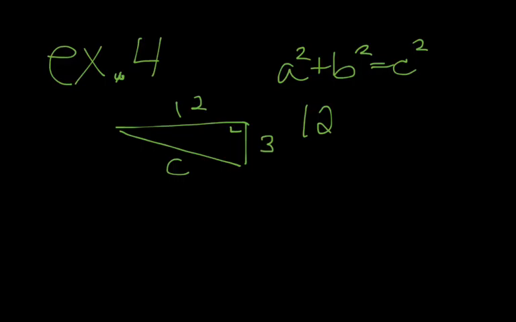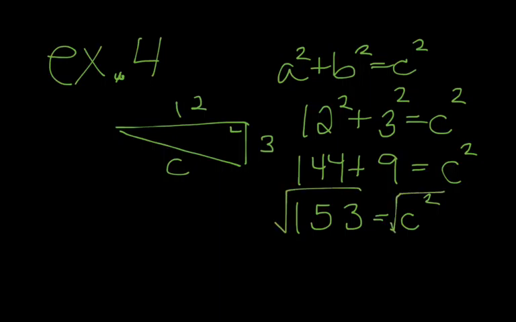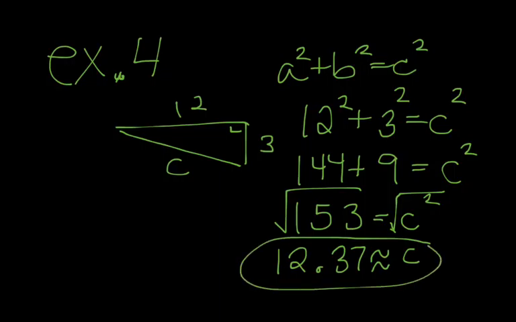So my A is going to be 12, my B is 3. I get 144 plus 9 equals C squared. 153 equals C squared. Square root each side. Pull out my calculator. Round to the nearest hundredth, and I get about 12.37. That's it.